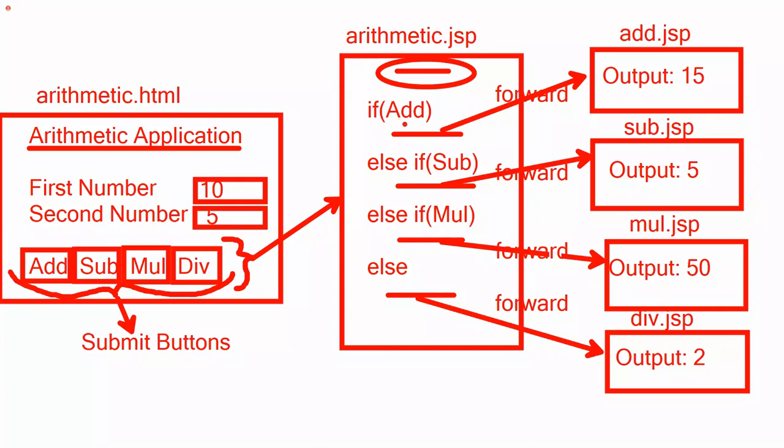Which method? The equals method. If s.equals add, then forward. Else if equals subtraction, forward. Forward, forward, forward, we can write like this.